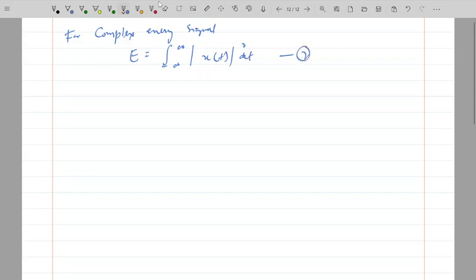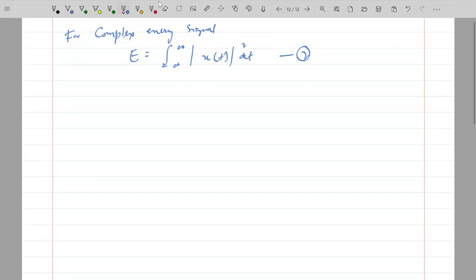Now for the complex energy signal, E will be the integral from minus infinity to infinity of the magnitude of x of t, whole square, dt. This is considered as equation 2. Similarly, if we want to find the energy of a discrete time signal, then x of t is replaced by x of n.